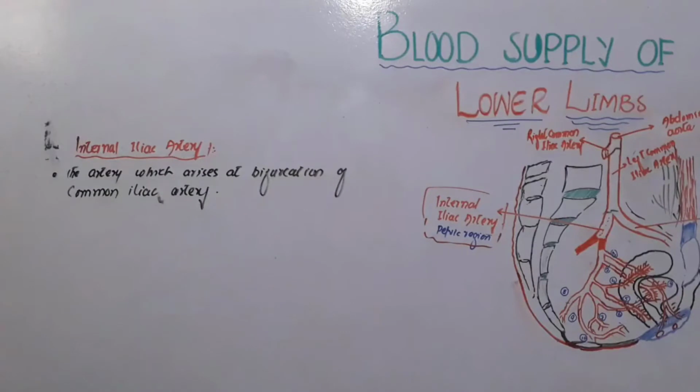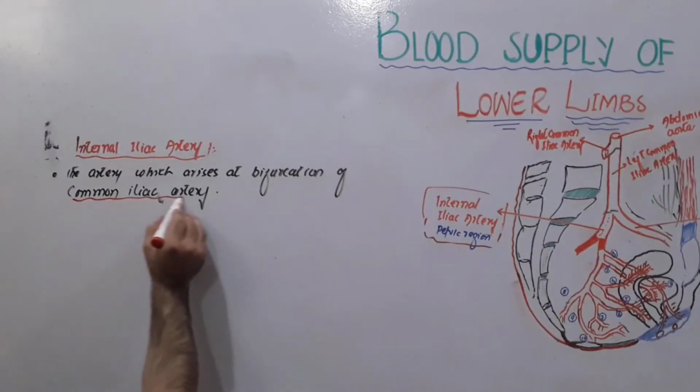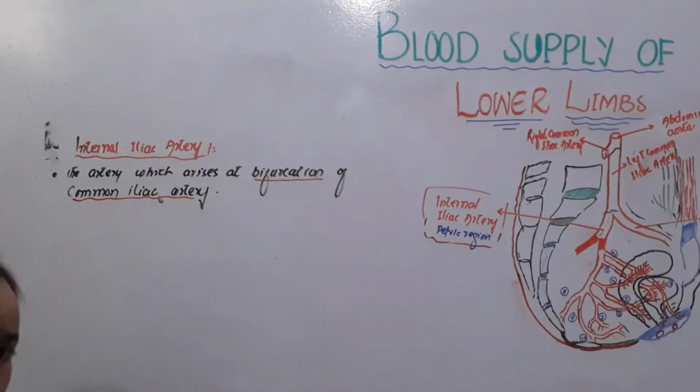Yeah, the artery which arises at the bifurcation of the common iliac artery. There are two, the external and the internal. So we are not recording about the external, we are recording about the internal iliac artery.